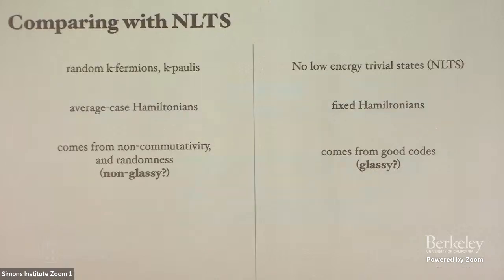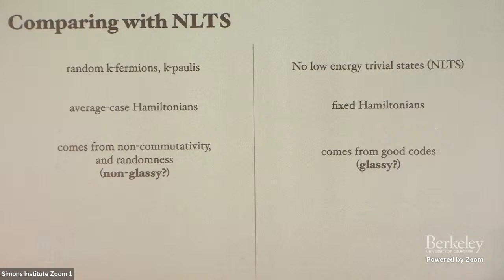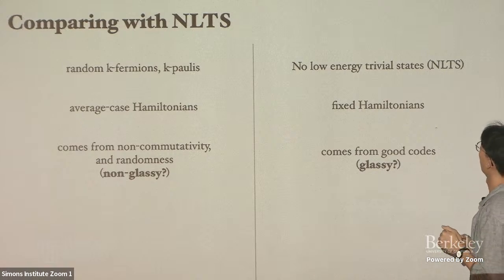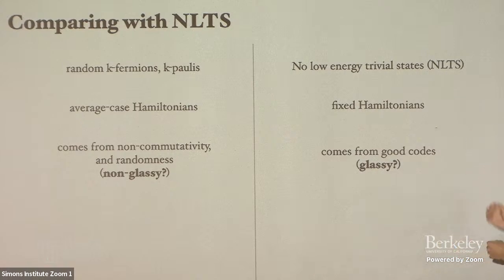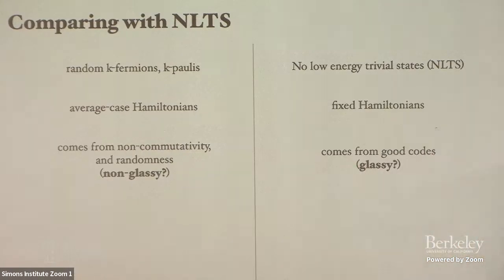Some audience members might be curious about NLTS statements. They're not exactly the same, even though they sound similar, and the setting is quite different. In the NLTS setting, you usually have fixed Hamiltonians, in many cases coming from codes. In our case, this comes from an average-case Hamiltonian with lots of randomness, so the proof is of a very different flavor.